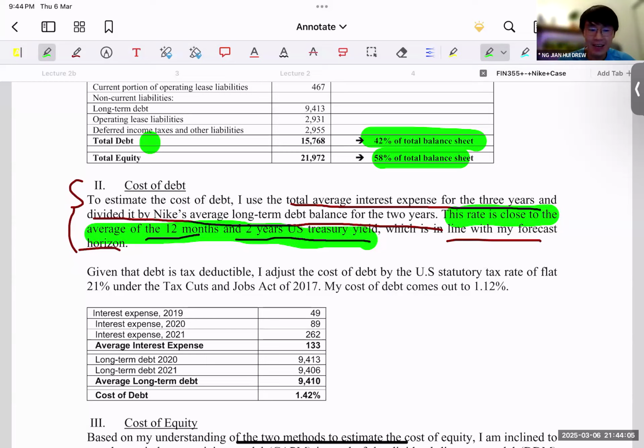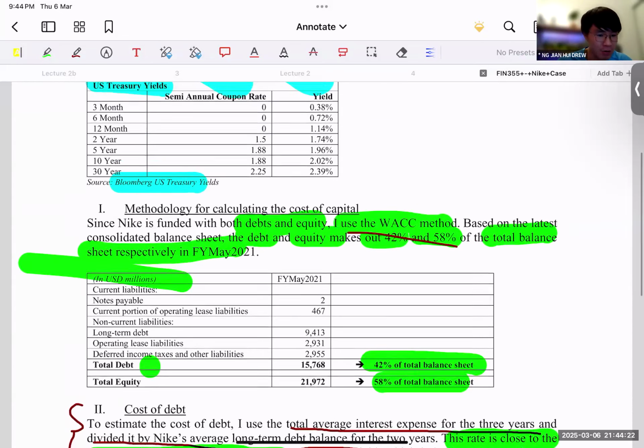Yeah, it should be higher, right? It cannot be close to Treasury yield, because if it's close to Treasury yield, then your debt is risk-free. So it doesn't make sense.